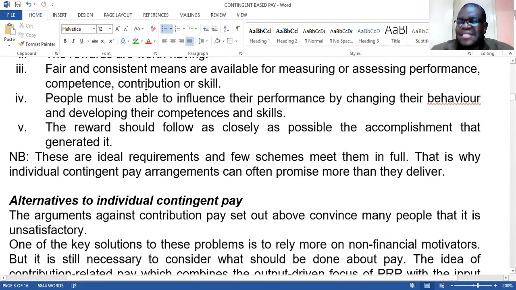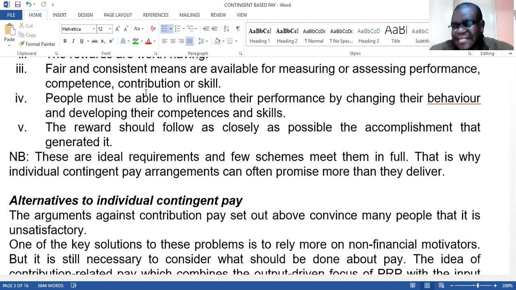Number four, we are looking at situations where, for example, if you are rolling out a performance-based scheme, then the individual should be able to adjust, to change their behavior, to achieve the desired behavior and be rewarded for the change in behavior.